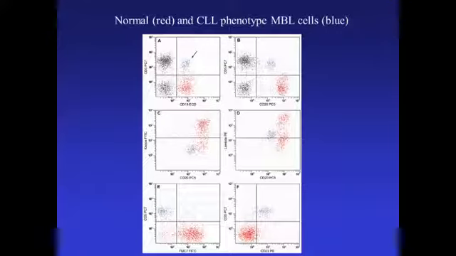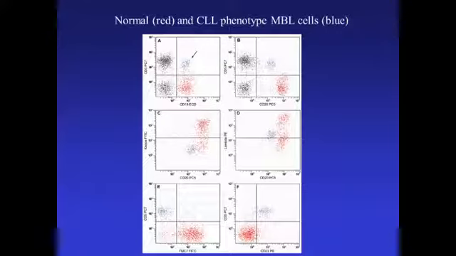These are some flow histograms highlighting that. This is complicated for the non-flow people out there, but the CLL phenotype is this thing in blue. These are B cells because they express CD19, but they also express CD5. This is not uncommon. In these small population monoclonal B-cell lymphocytosis cases, you also have normal B cells mixed in with the CLL cells.